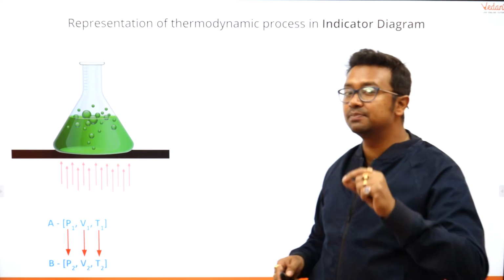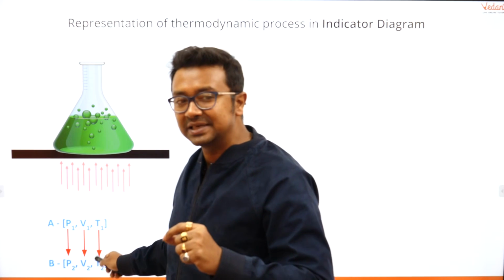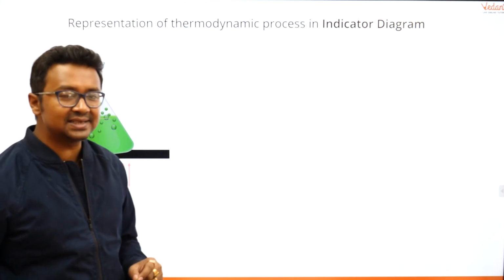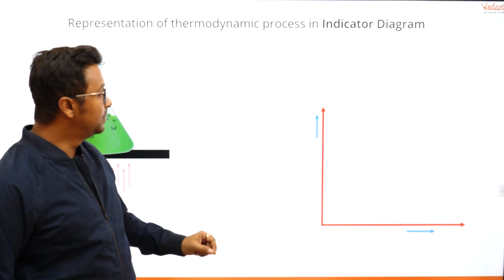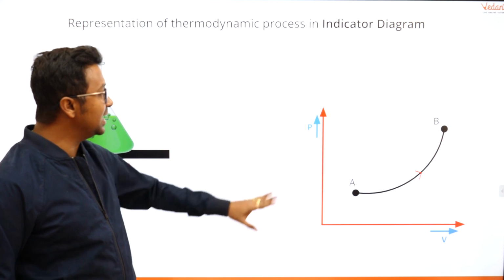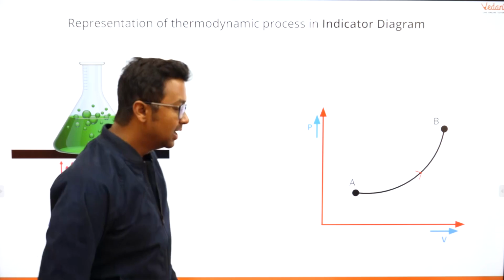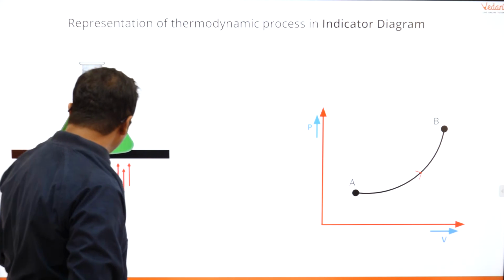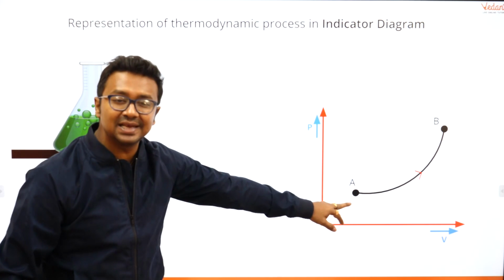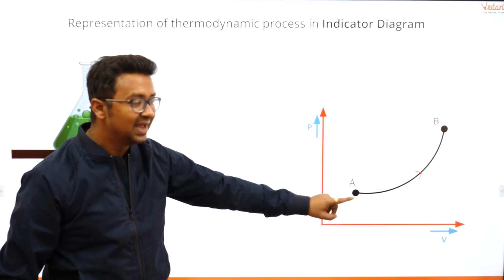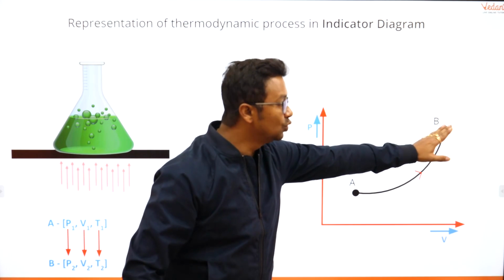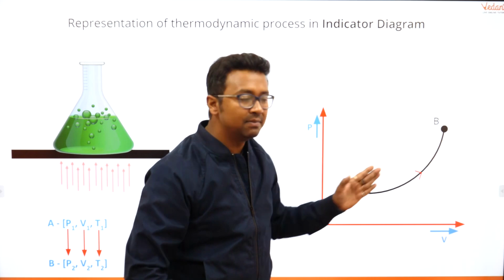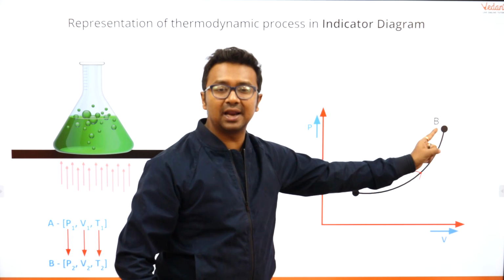Now what we do is represent these variables of the gas in a graph between pressure and volume. So here we have P1, V1 representing state A, my dear students, and it went to state B after a certain time through a given thermodynamic process.